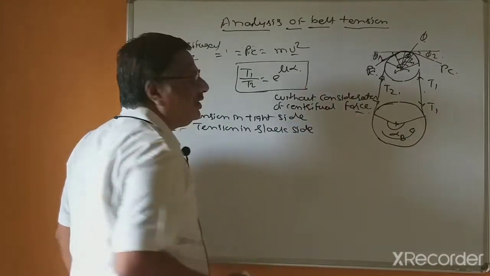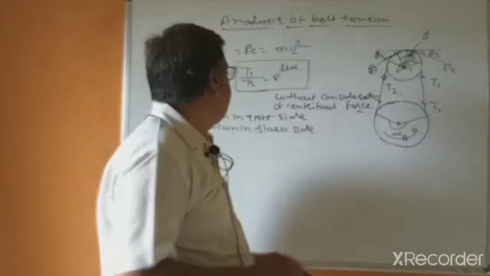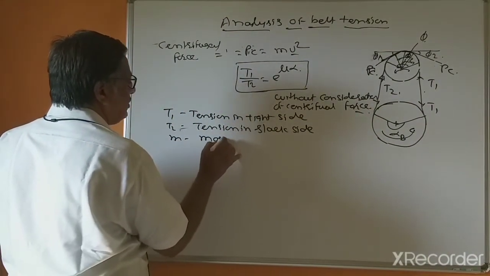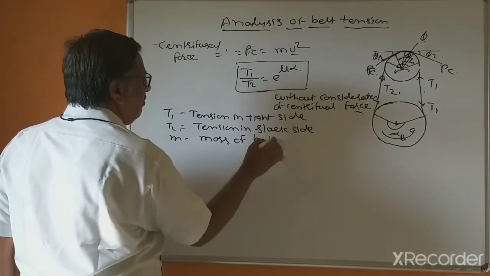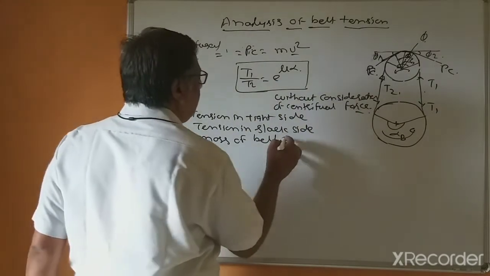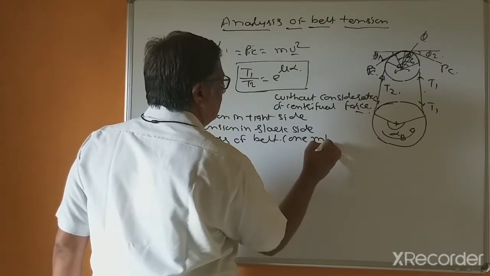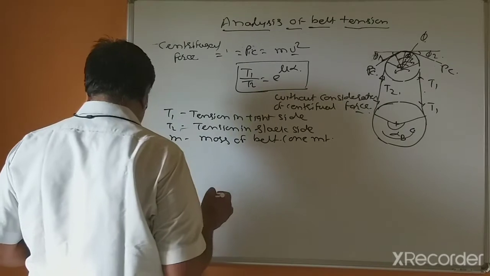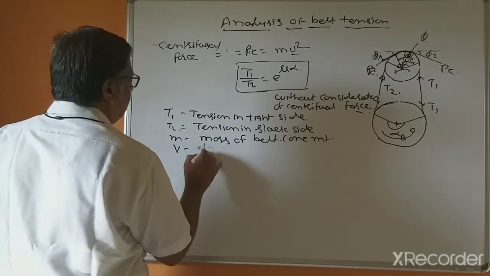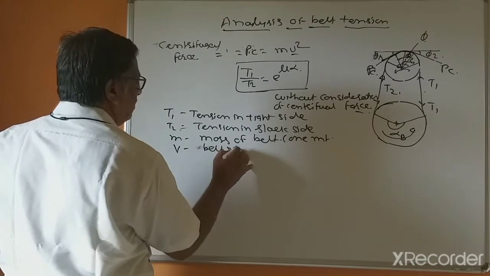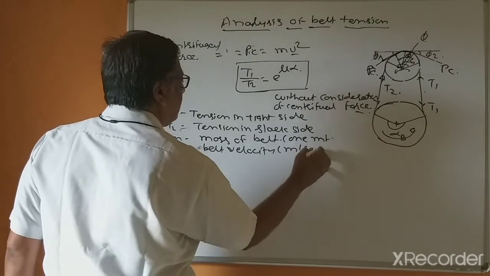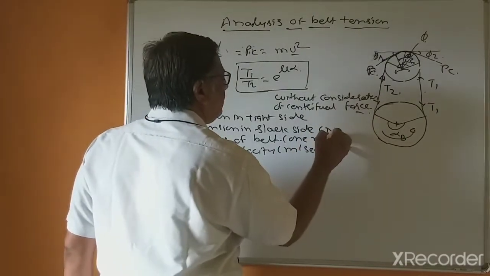The belt releasing side means the slack side. m is the mass of the belt per meter, v is the belt velocity in meters per second, and the tensions are in Newtons.